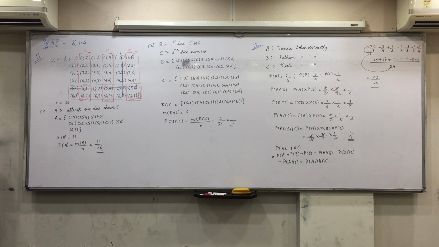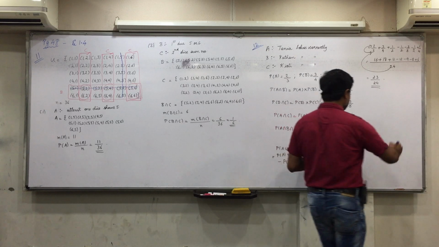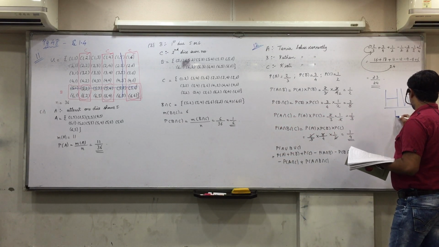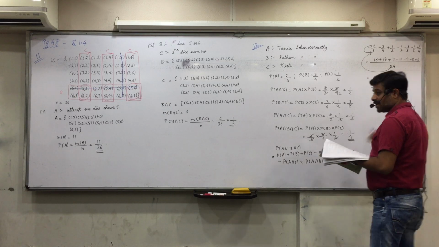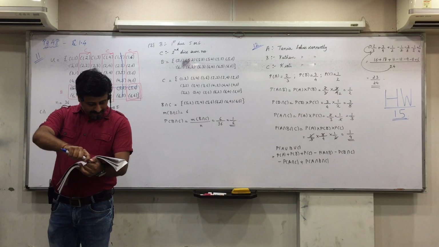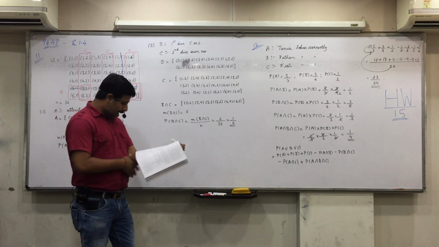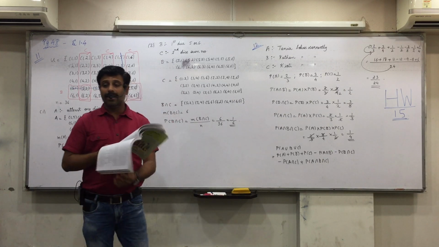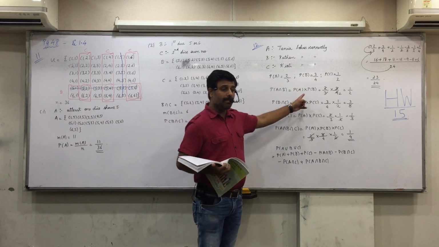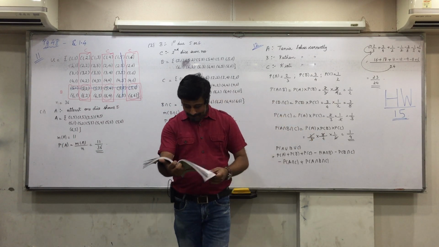Now, question 15 will be your homework. It is exactly similar to what I am discussing. If 3 events A, B and C of a random experiment are independent events, independent means you can find P(A intersection B) as P(A) into P(B), then P(B) into P(C), P(A) into P(C), and P(A) into P(B) into P(C).